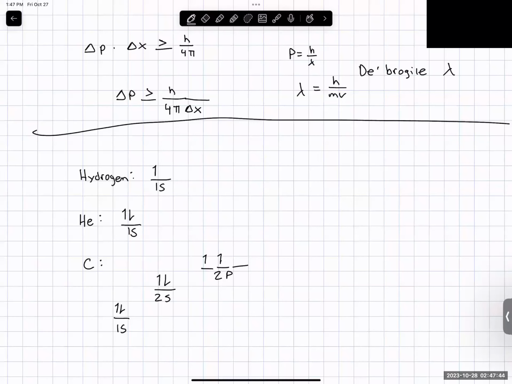Think of this analogy: if you get onto a bus and most of the seats are full, but there's one empty seat, are you going to sit in a seat that already has one other person in it? No, right? You're not going to double up unless you have to. Same thing with electrons, especially because they have negative charge and they don't want to repel each other. So they're only going to go into an orbital and double up once all the other seats have been taken. So that's for carbon.